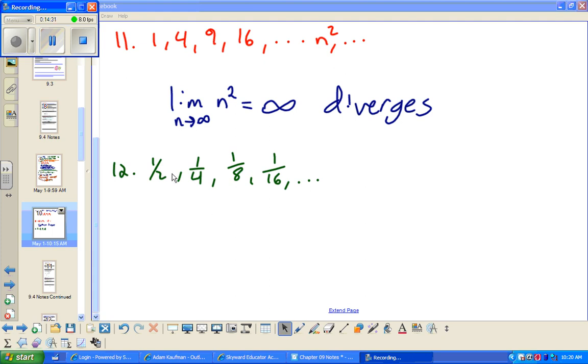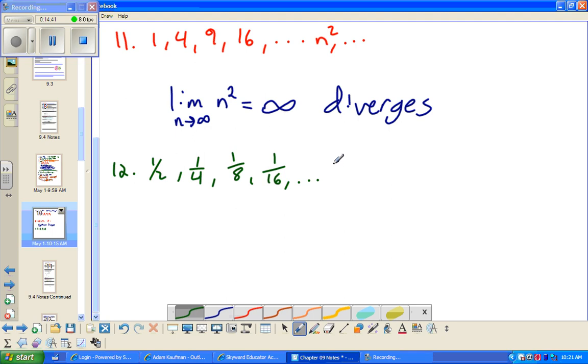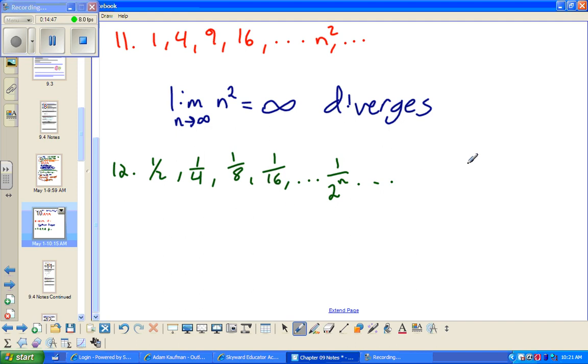On number 12 here, the sequence is 1/2, 1/4, 1/8, 1/16. Well, you probably can see that that's the same as having 1 over 2 to the nth. And that continues to go on forever. Well, you do the same thing. Take a look at that limit. The limit as n approaches infinity of 1 over 2 to the n.